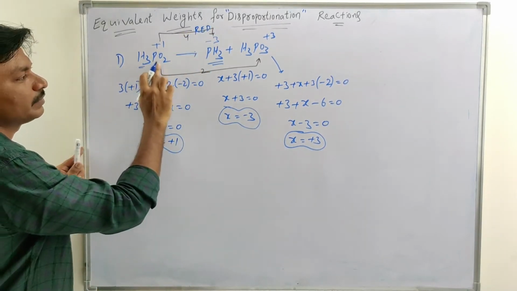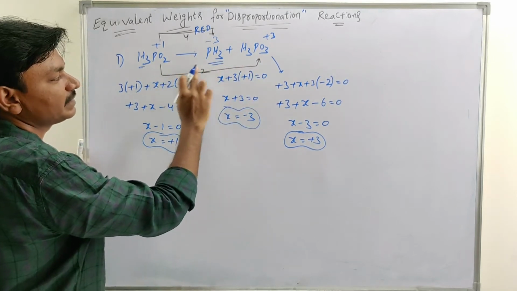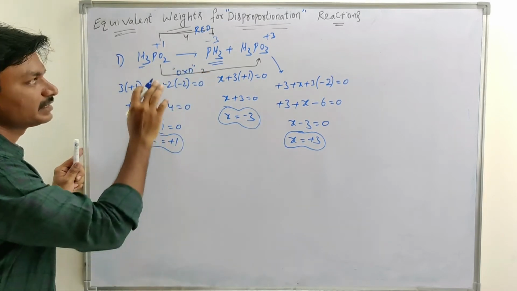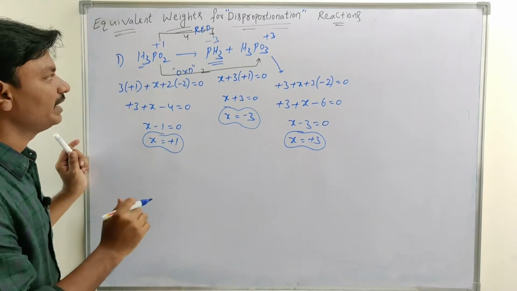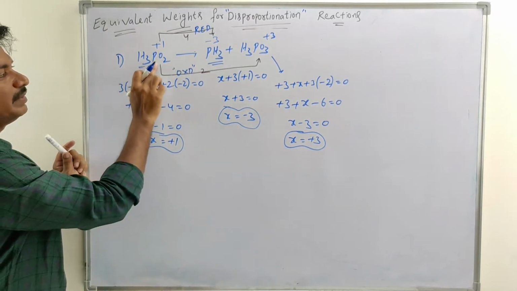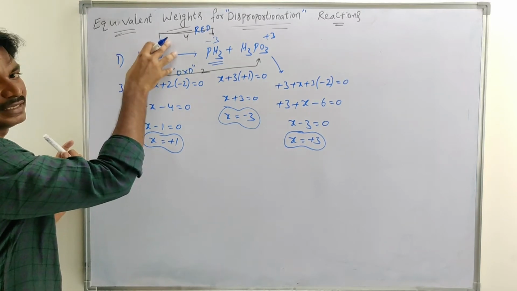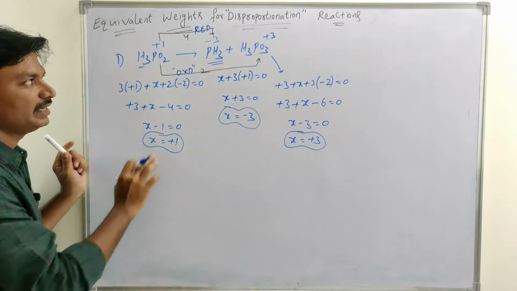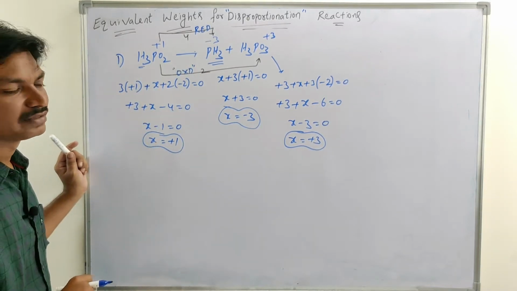Here it is +1 to +3, that is an increasing oxidation number, which is called oxidation. So it is called a disproportionation reaction. Why? Because H3PO2 is one substance that is involved in both oxidation and reduction. That's why it is called a disproportionation reaction. Okay, clear?